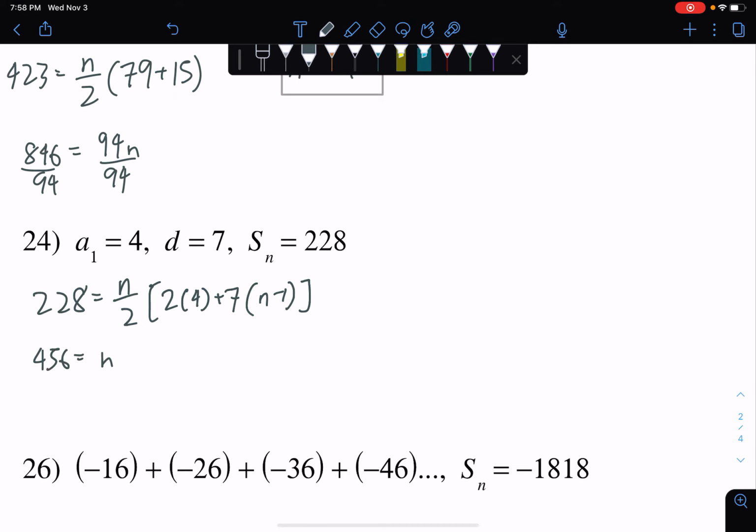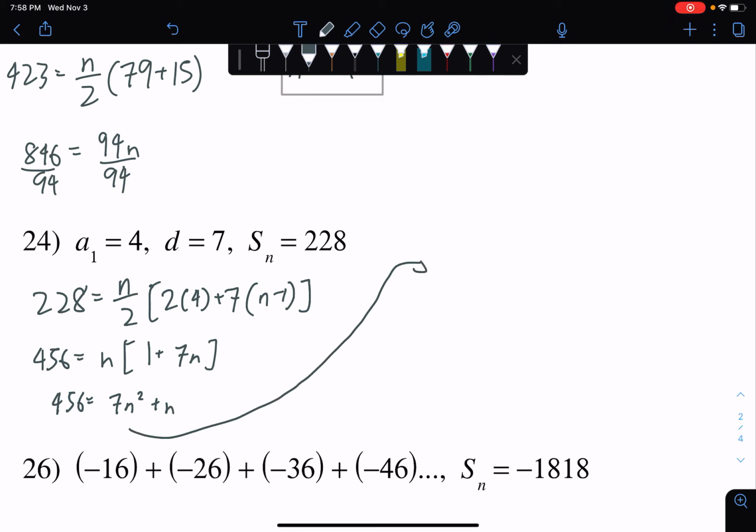And the other side, we have n times the quantity 8 plus 7n minus 7. 456 is equal to, let's simplify this further. We have 1 plus 7n, so 7n squared plus n. We move this part: 7n squared plus n minus 456 is equal to 0.